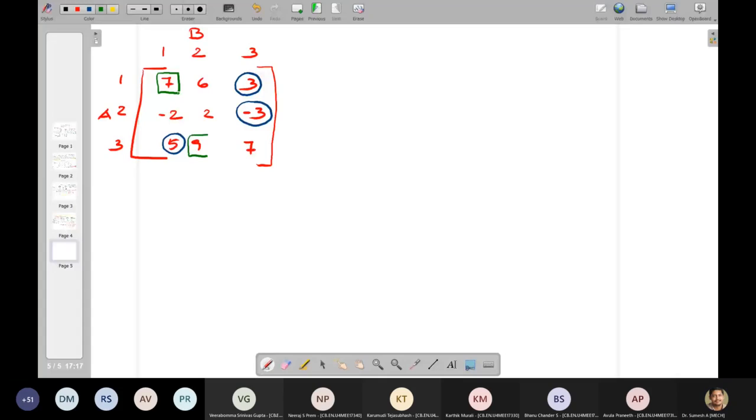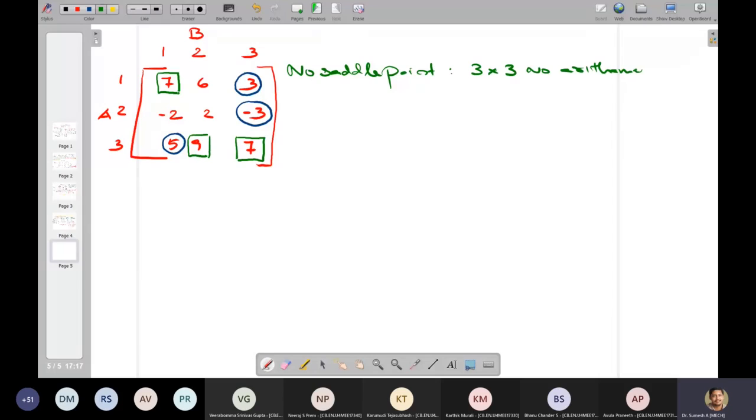So there is no saddle point, and the matrix is of size 3 by 3, so the arithmetic method is also not possible. In that case, you can try the dominance rule.